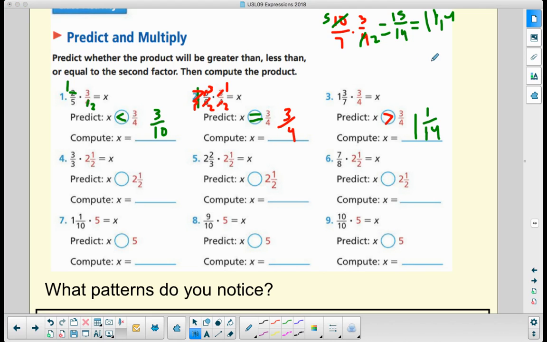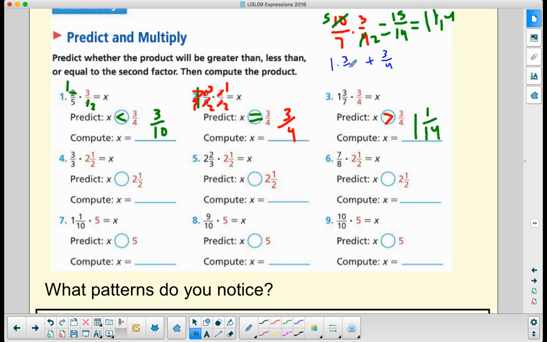Let's look at another way I could do it, which would be to use the distributive property. And it kind of shows me why I get more than 3/4. Because if I take 1 3/7 and decompose it into 1 plus 3/7, and then do my multiplying. Multiply the 1 by the 3/4.